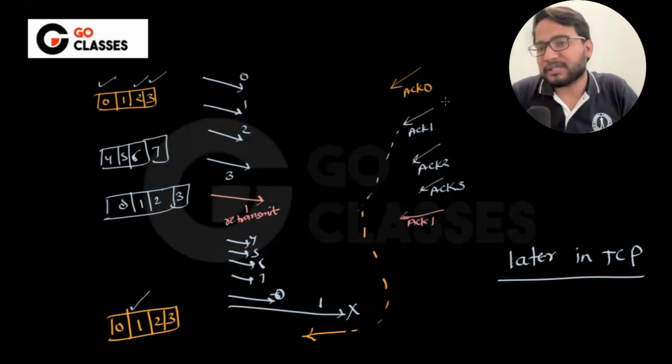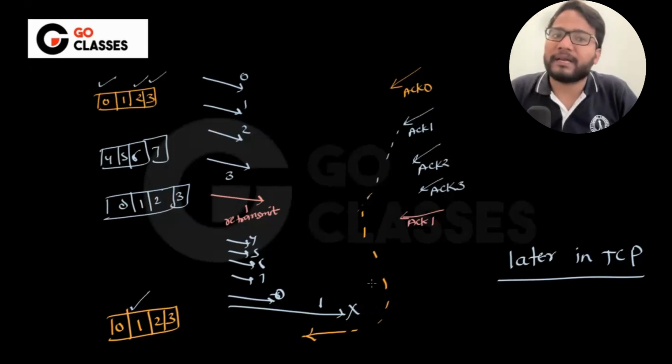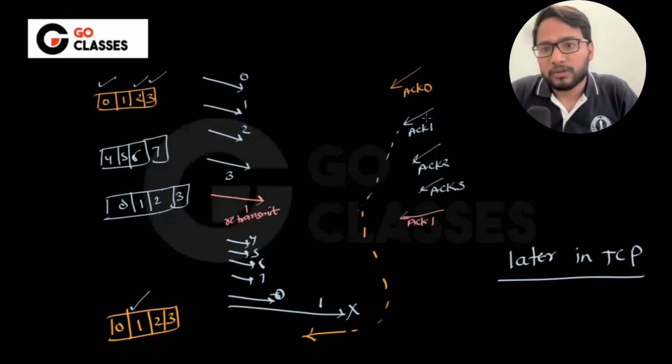This ACK will automatically expire if it is delayed, right? Okay, so if this ACK is delayed, then in TCP we will see that this delayed ACK will automatically expire. Is this okay to everyone?